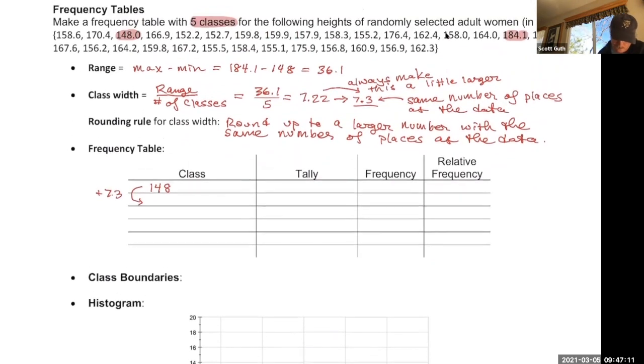The first one, 148.0. And then to go to the next class, I have to add the class width. So to 148, you need to add 7.3, and you get 155.3.